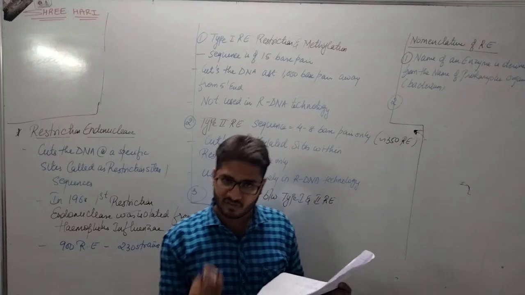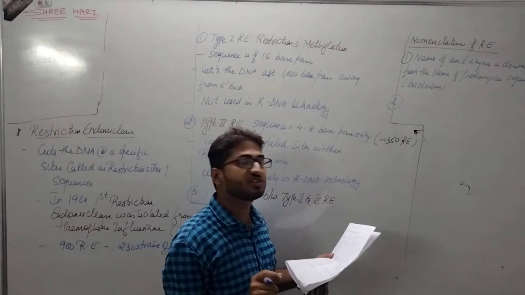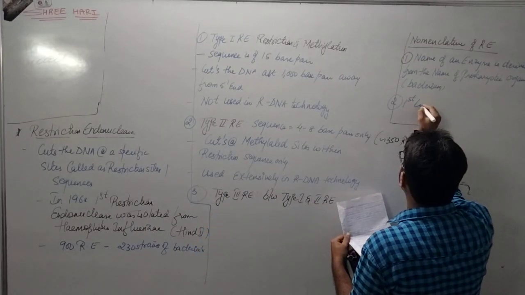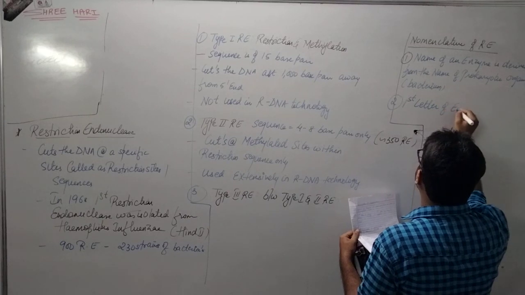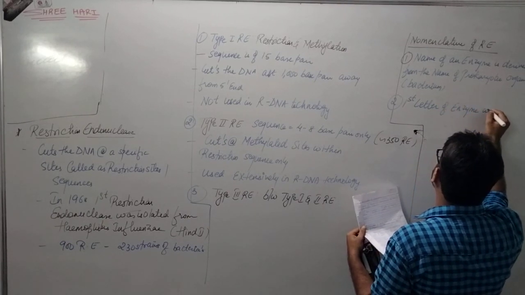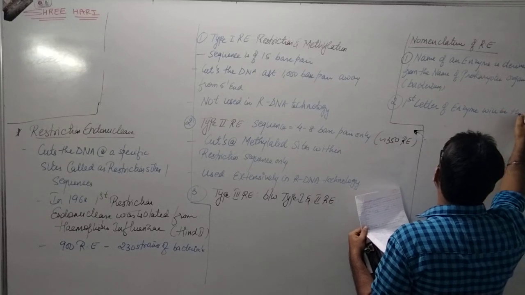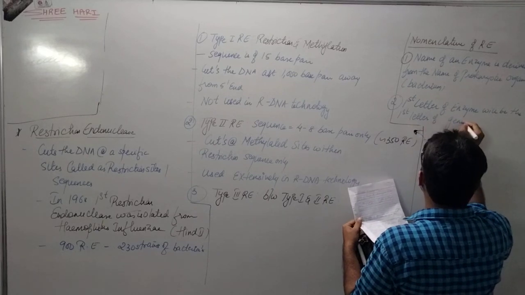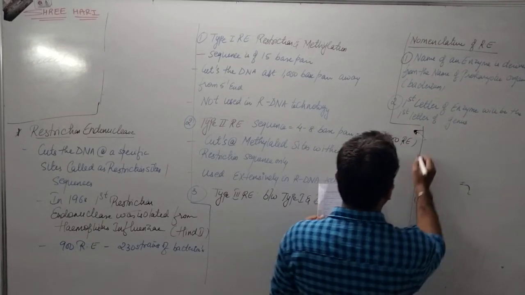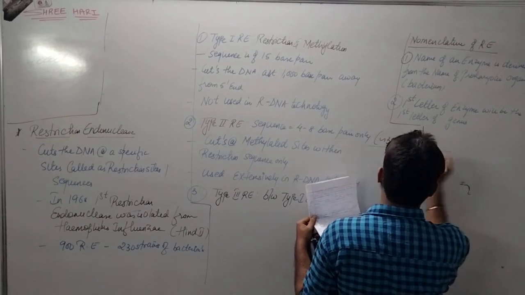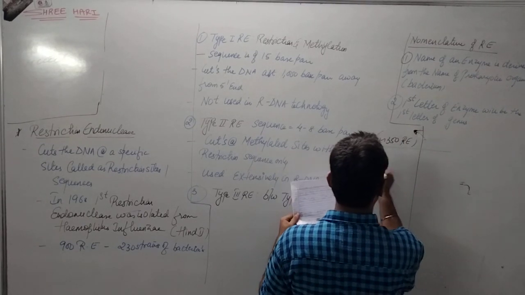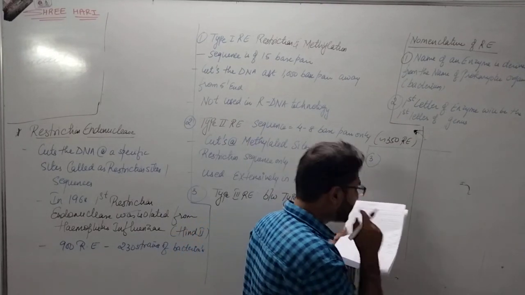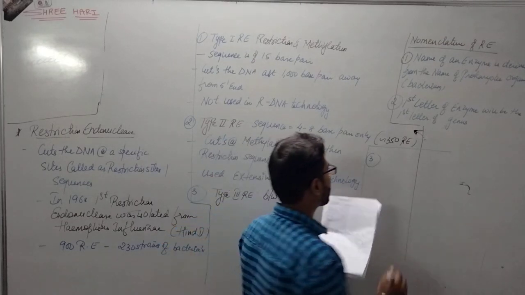Now, the first letter of the enzyme will be the first letter of the genus of this prokaryotic organism. Then the third rule is that the second and third letters of the enzyme are equal to the first two letters of the species.